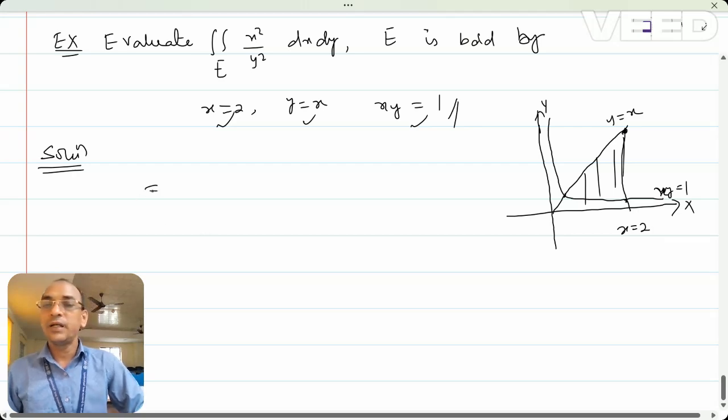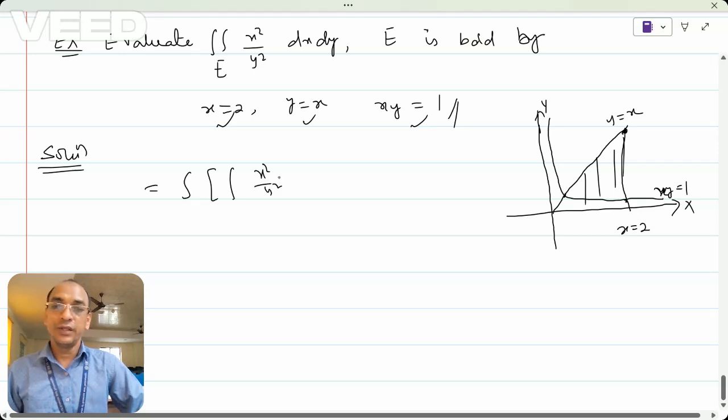So this double integral I want to write like this: x square by y square, and something I want to put inside and something outside. Let me put y inside and x outside. Remember, I am always saying it is not the only way. You can put x inside and y outside and accordingly find the limits. So here I will put y inside and x outside, and accordingly I will find the limits.